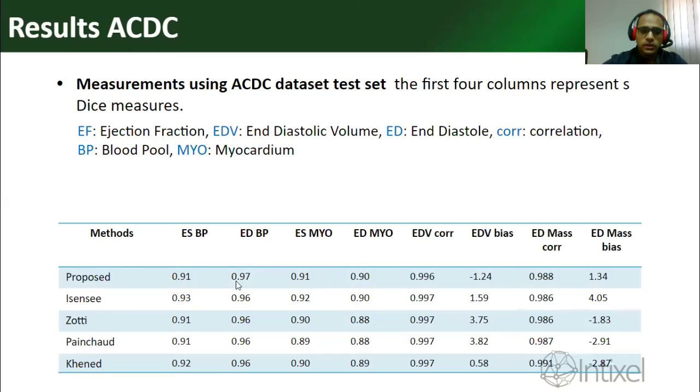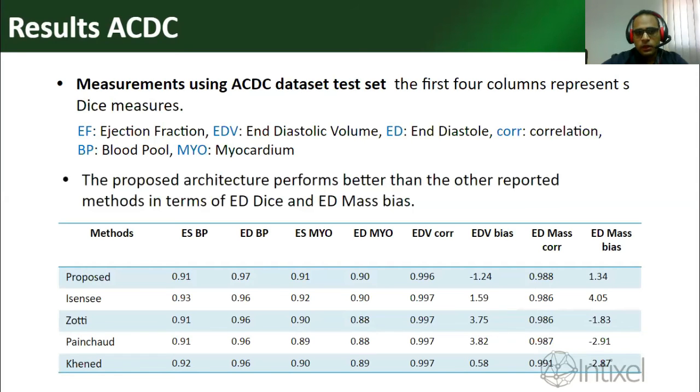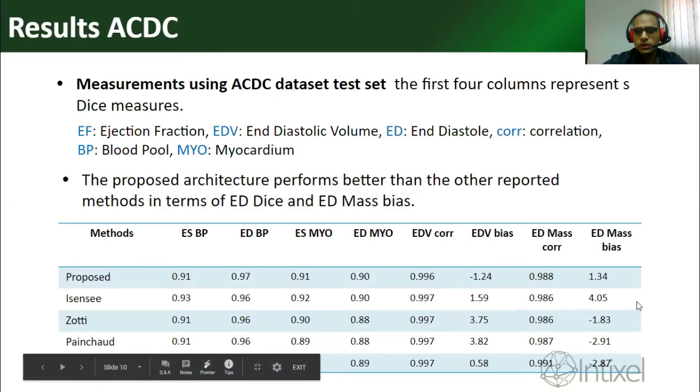Also in the three DICEs of the blood pool. However, it's worth mentioning that the proposed method is much smaller in size than the first winner of the challenge, as will be discussed later, and it's much faster.